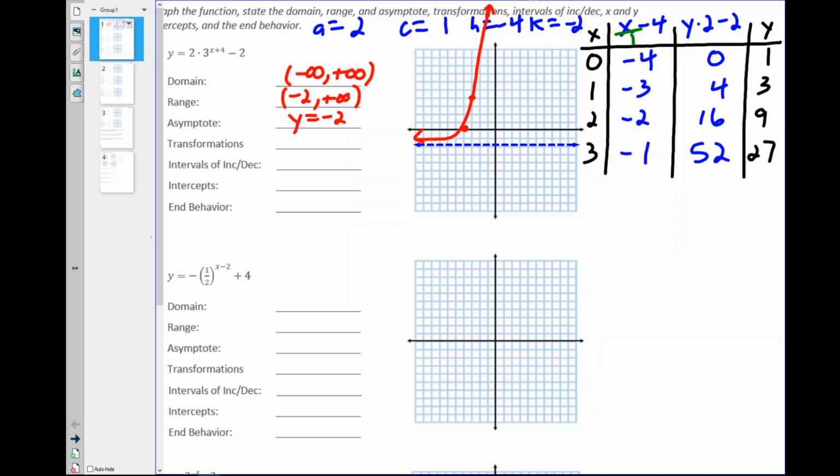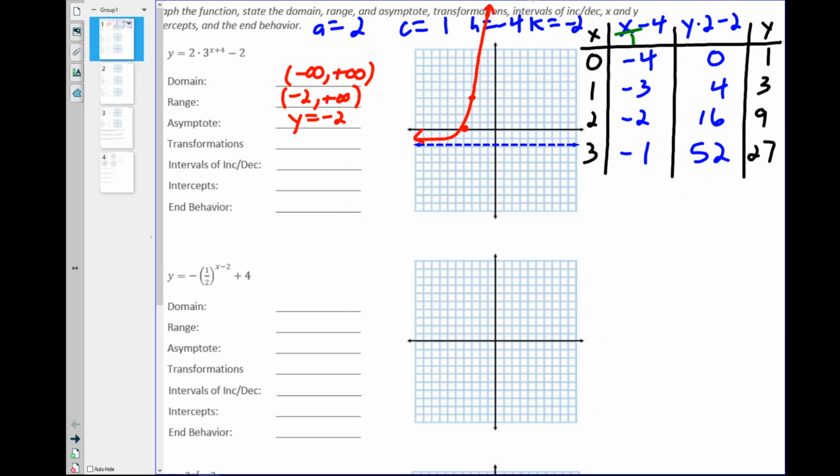Horizontal translation? No. Left 4. H is horizontal. Even if you don't write the word horizontal, as long as you write the word left, left implies horizontal, so you can just say translate left 4 units, and then a translation down 2 units. Those are the 3 transformations.